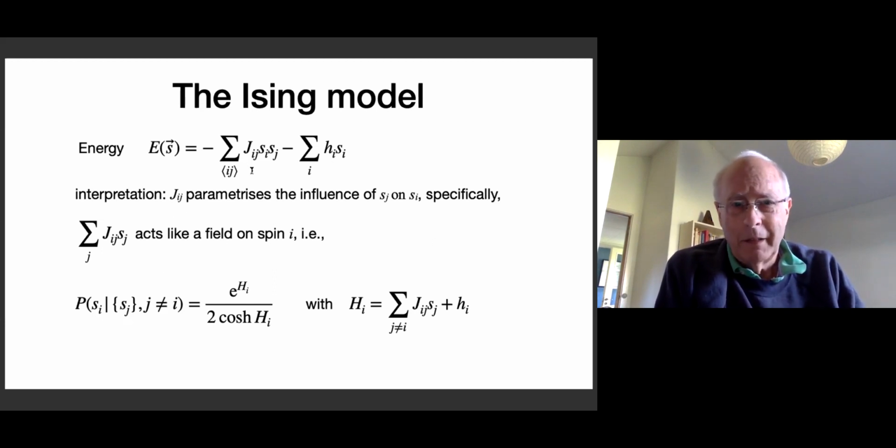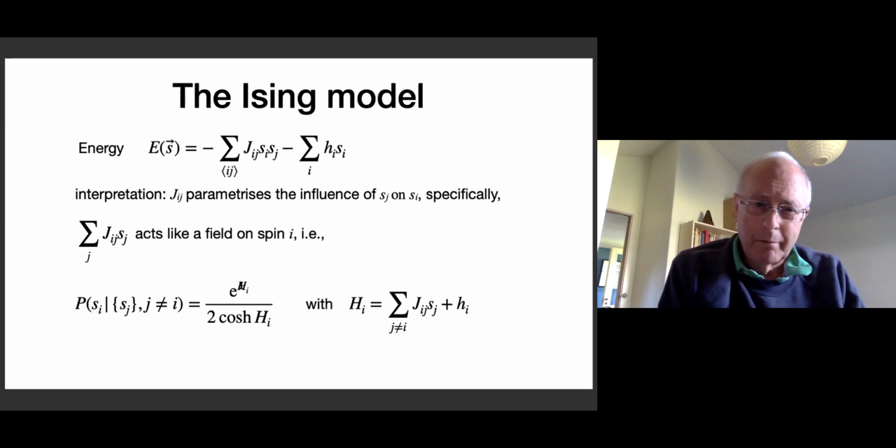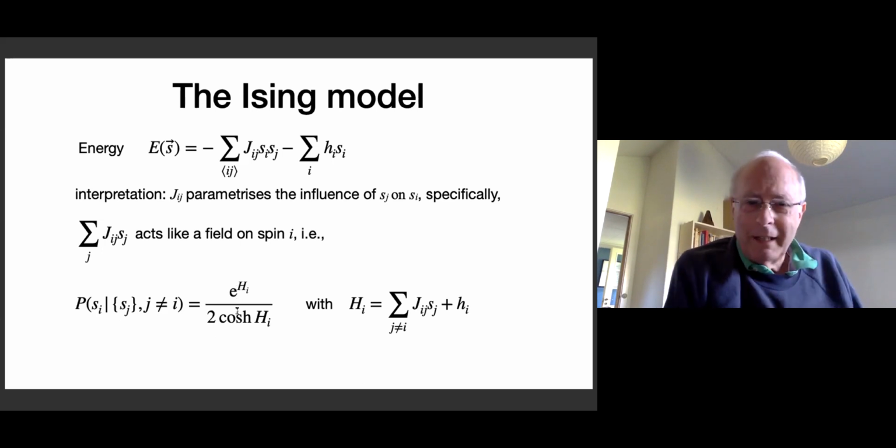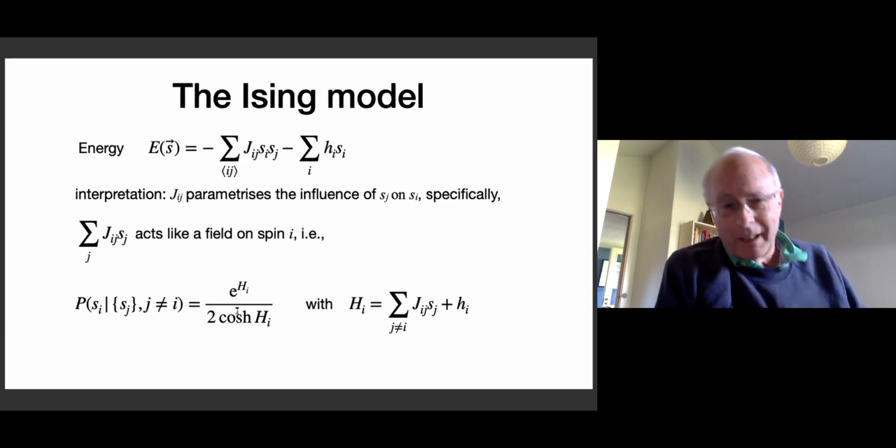So mathematically, the J_ij times S_j part, for a fixed i, acts like a field on spin i. So the probability of S_i taking on a particular value, given all the others, should say e to the h_i S_i.